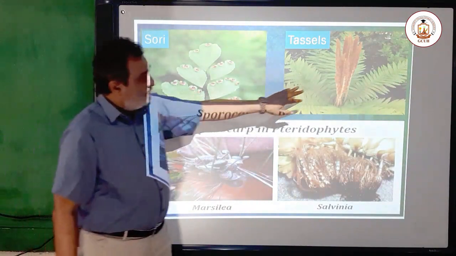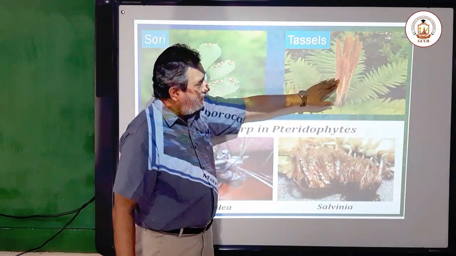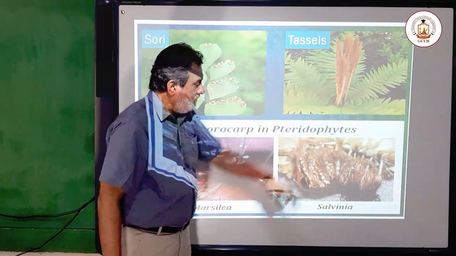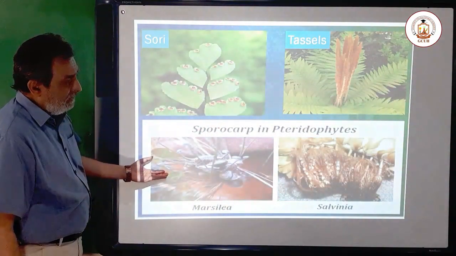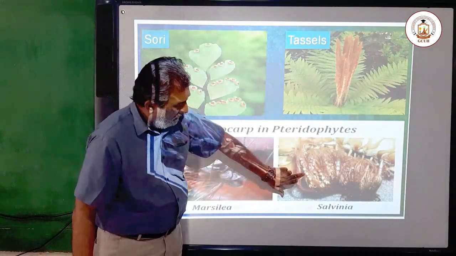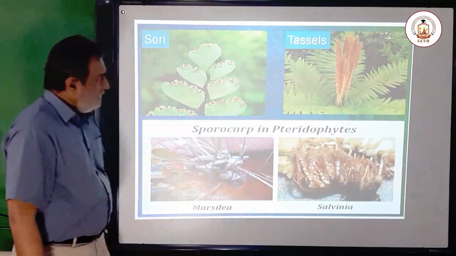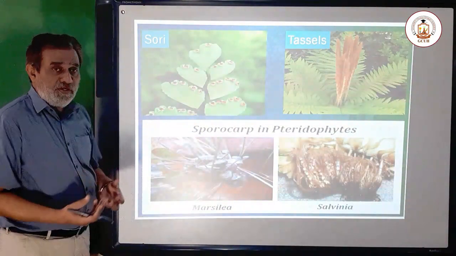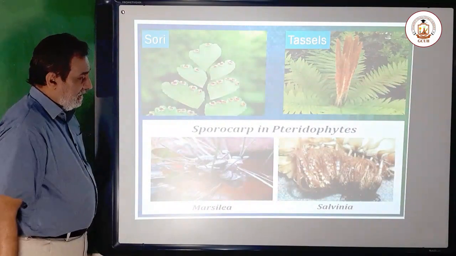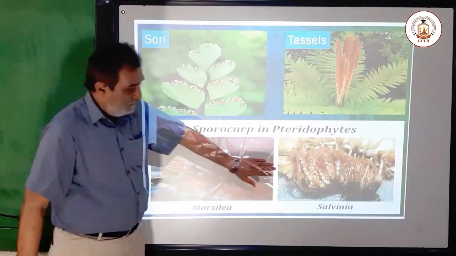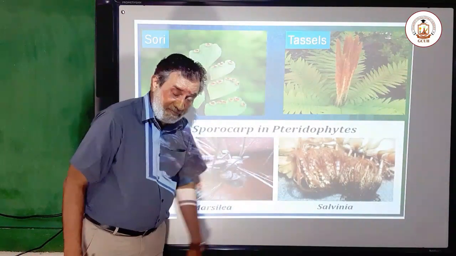You can see the tassels present in these structures. You can see some of the structures in Marsilea, the sori here, or the sporocarp here. So these are the different structures we produce which have an aggregation of sporangia in them. The sporocarp is present in Marsilea as well as in Salvinia.